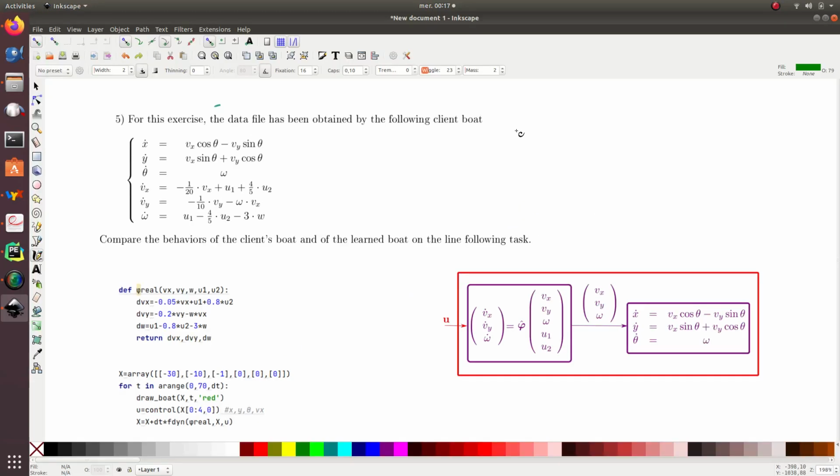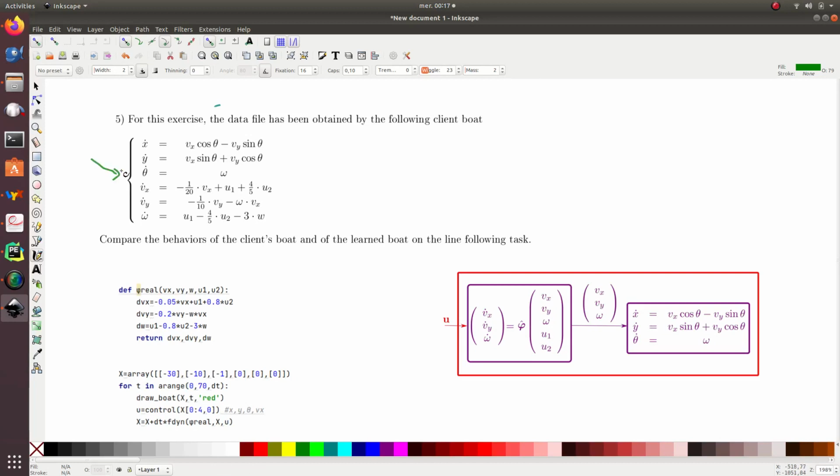The day of the first experiment, where we'll test our controller, we'll have the actual boat, of course. But for this exercise, I will assume that I have the client boat and that the data have been generated by this model.